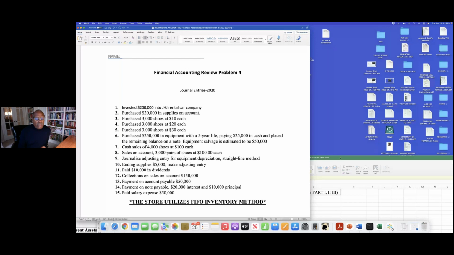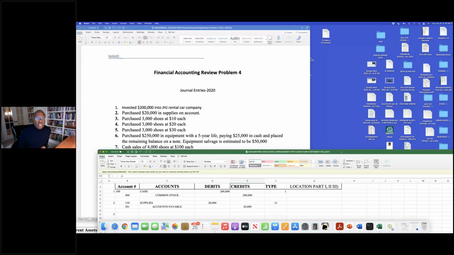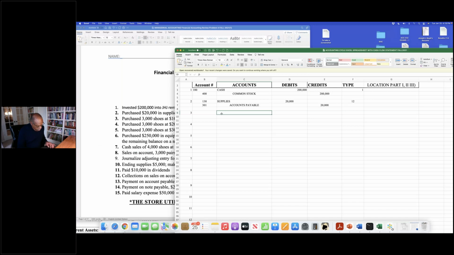So when we make those purchases, in journal entry 3, we're going to debit inventory. And what are we going to credit when we buy inventory? Accounts payable.